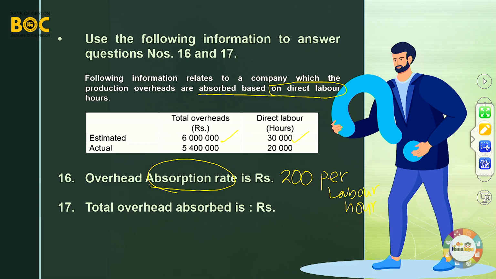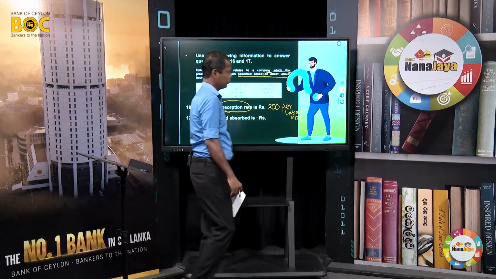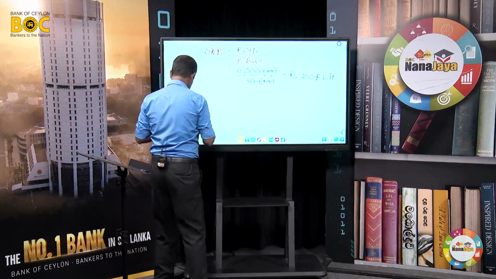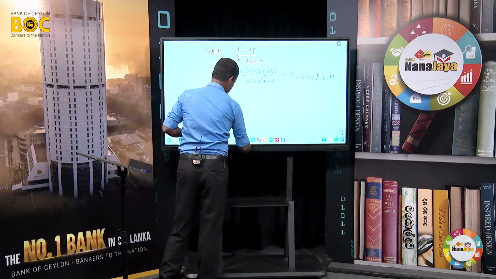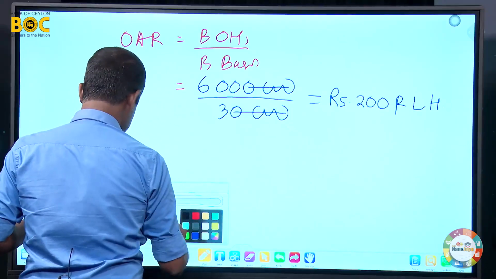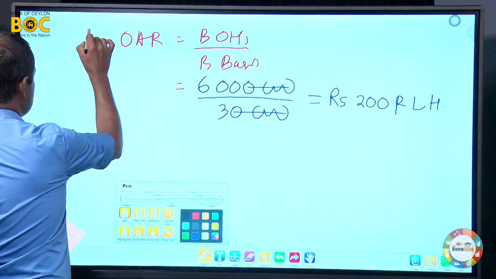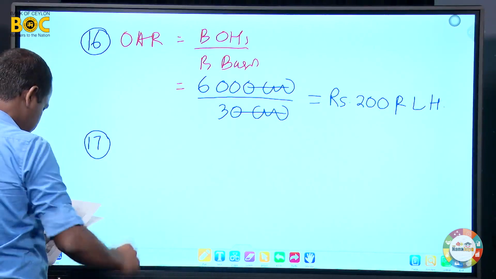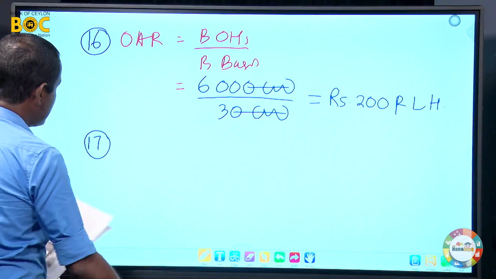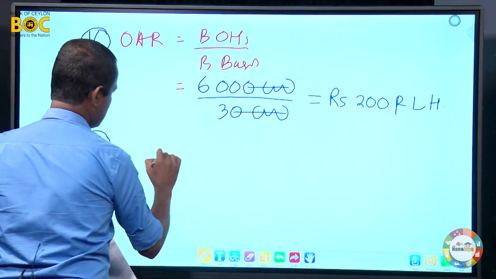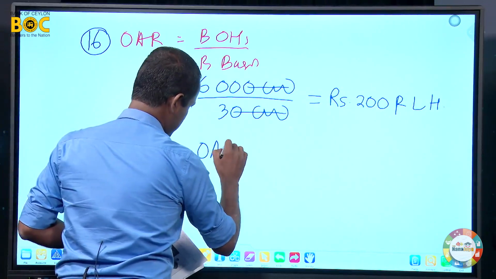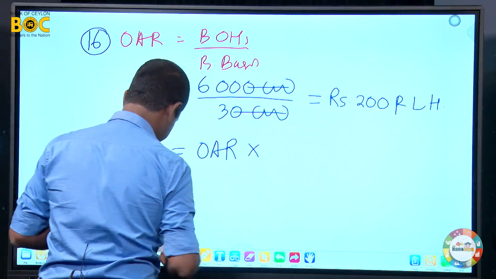What is the total overhead absorbed? This is question number 17. The total overhead absorbed equals the overhead absorption rate into the actual basis.